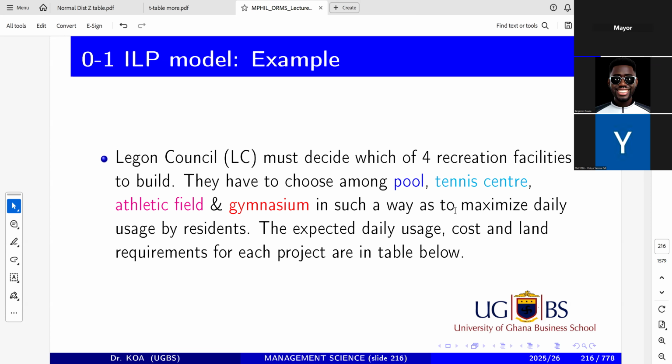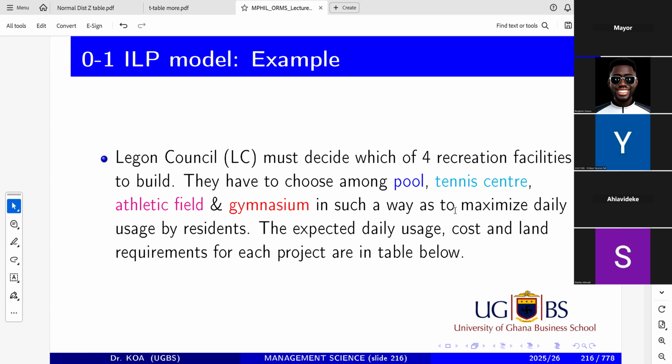So per the question, we have to choose from 2 options, that is the pool and the tennis. So we have 2 variables we are working with. What are they? The tennis and the pool.